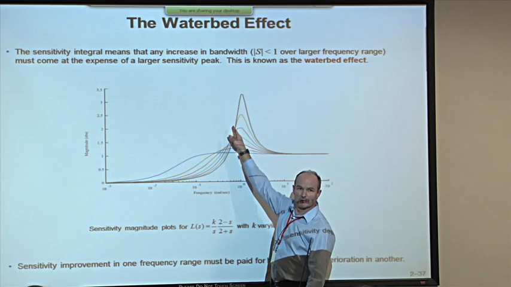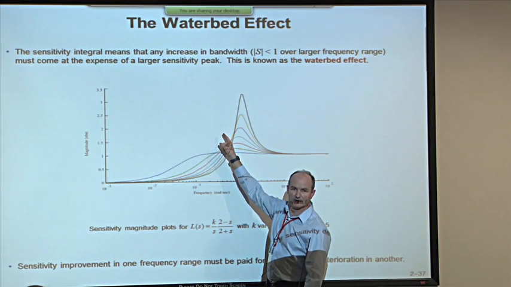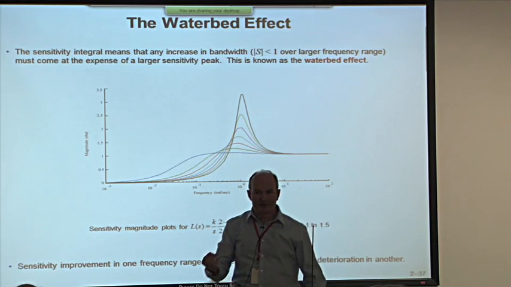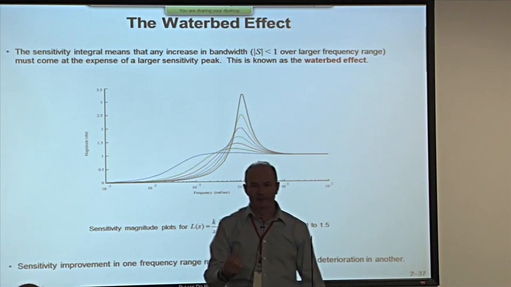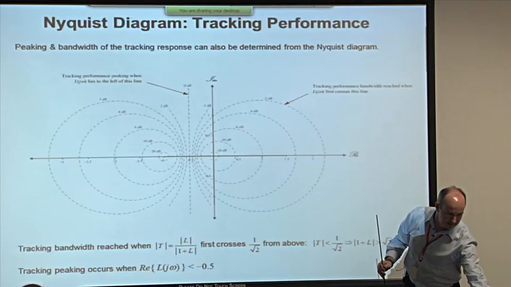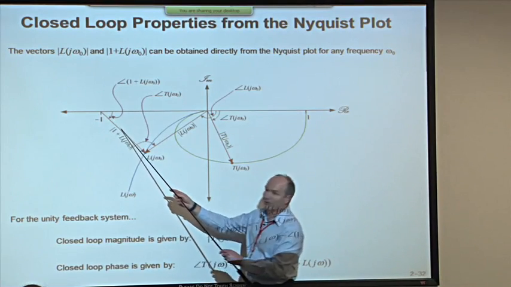Now, what is the problem with the peak of the sensitivity curve increasing? What does it mean? It means that we're more sensitive to disturbances, doesn't it? But what else does it mean? Well, what else it means is that this vector here must be getting very small.